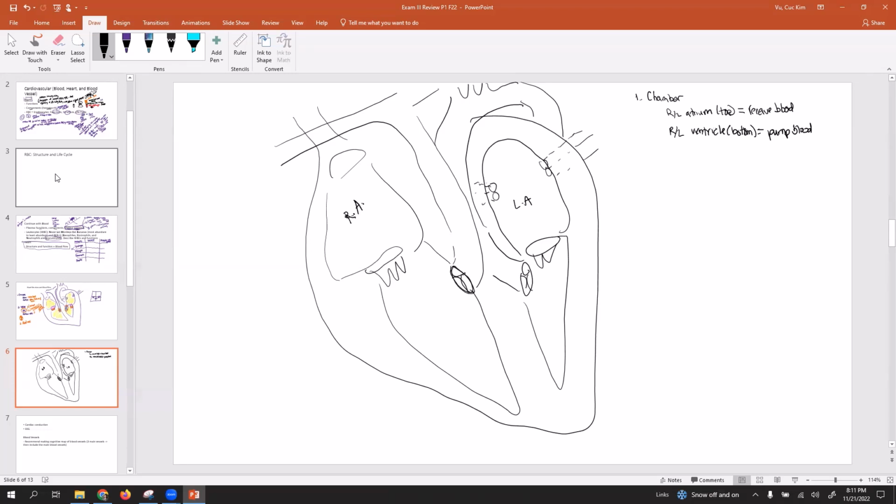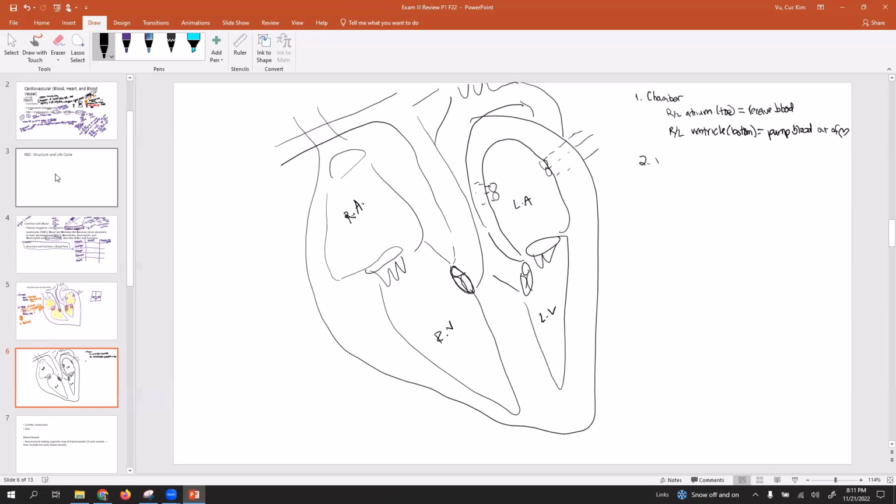I also add function to it because you'll need to know both anyways. So this would be the right ventricle and this would be the left ventricle. Those are the chambers.